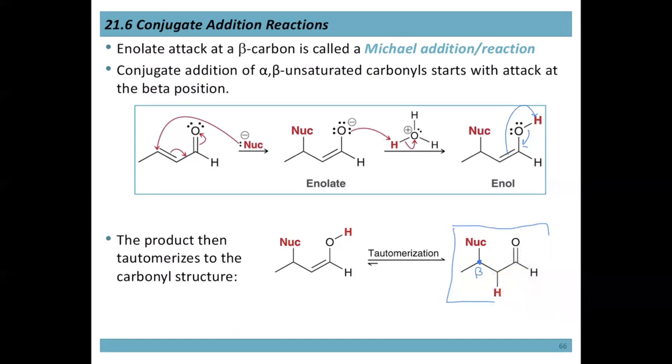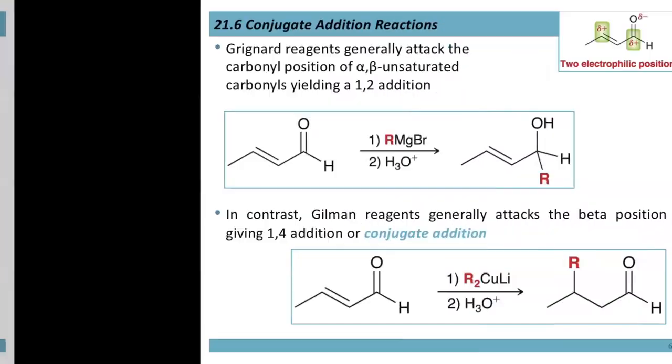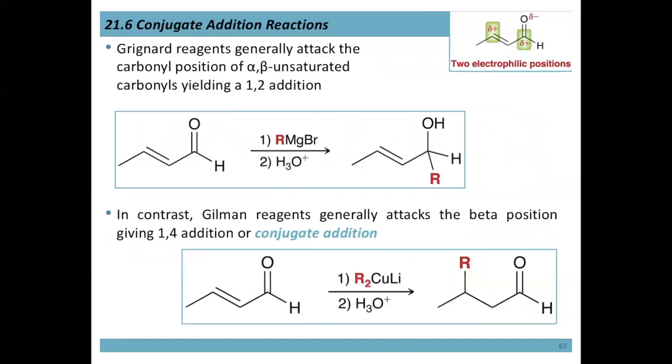So we're going to now talk about this beta substitution. We're going to add a nucleophile to that beta carbon. And since we're in the enolate chapter, why don't we use the enolate as the nucleophile, which we will after we talk about the Grignard and the Gilman. These are essentially two carbanion-type reagents, is how we look at them.